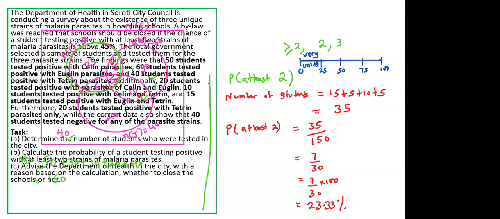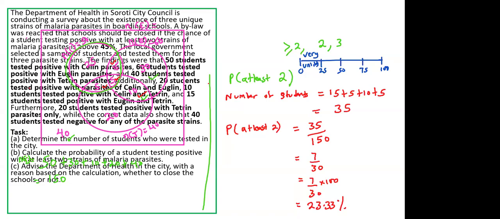If the chance of a student testing positive with at least 2 strains of malaria parasites is above 45%, the school should be closed.